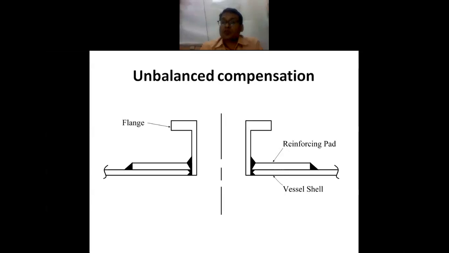If this reinforcing pad is on both sides of the shell, that means on the outside as well as on the inside of this vessel shell, then it will become a balanced compensation. So unbalanced may be either on the outer side or on the inner side. And in balanced compensation, the reinforcing pad or plate is on both sides of the vessel shell, that means inside the shell as well as outside the shell.